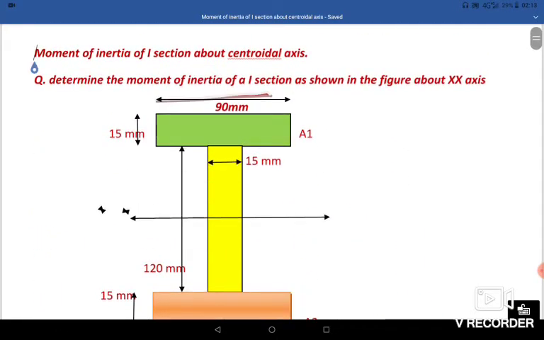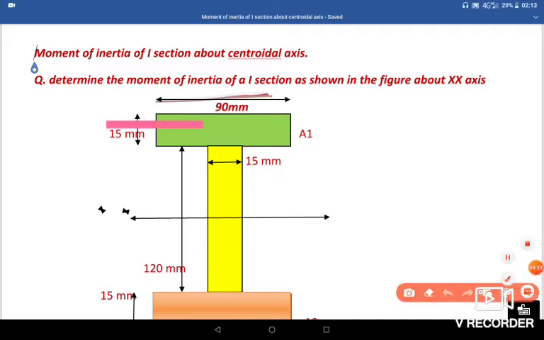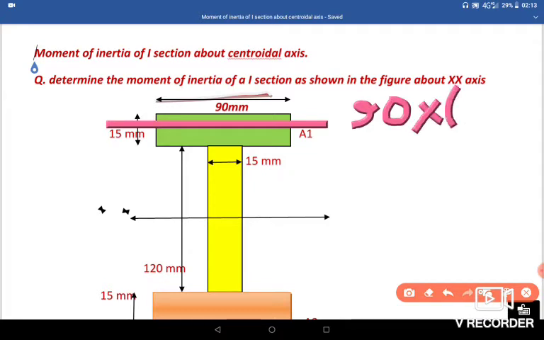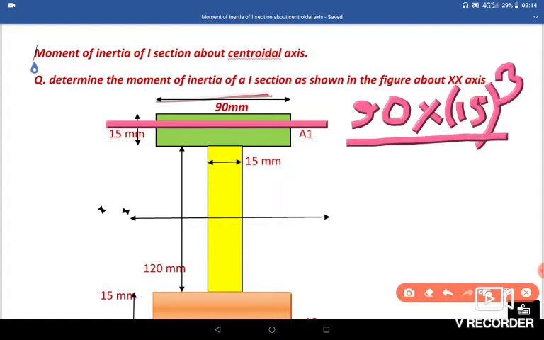We know that the moment of inertia of A1 with respect to the axis passing through its centroid will be 90 into 15 cube by 12.